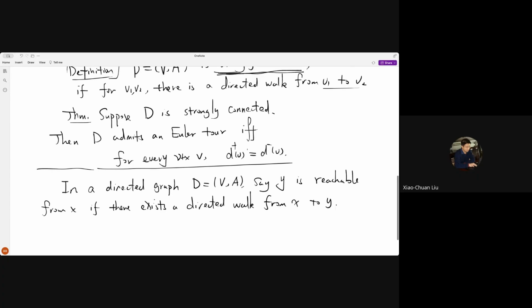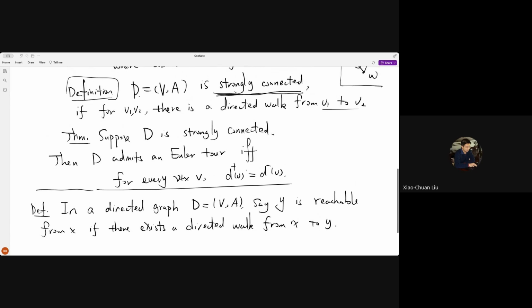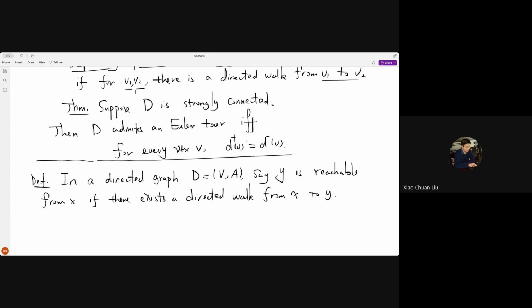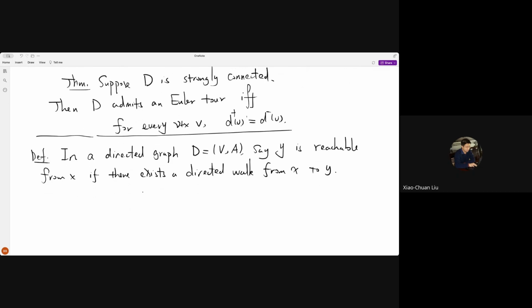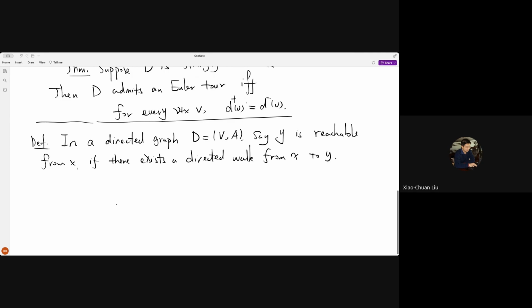So in this sense, this digraph is strongly connected if from every V1, every V2 is reachable. So it's just another definition. If for every X, Y, Y is always reachable from X, then we say the graph is strongly connected.